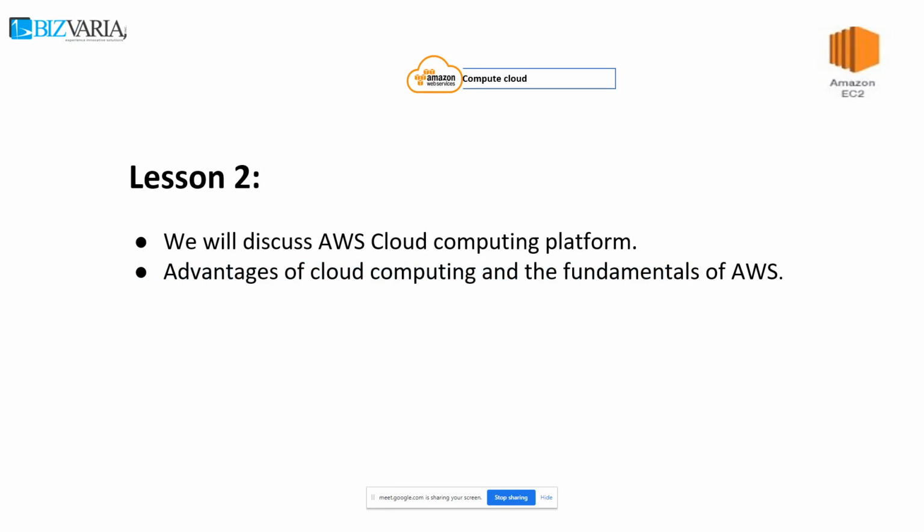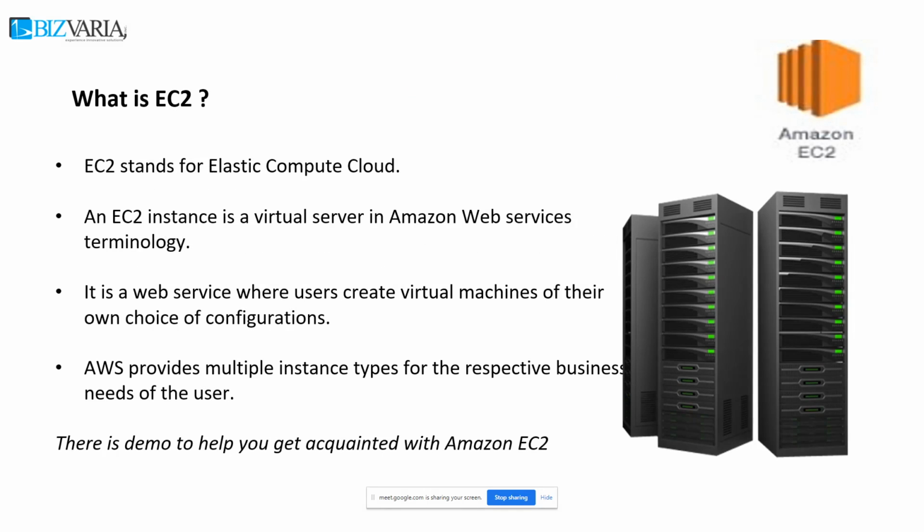So we will understand what exactly cloud computing is and why we call this a virtual server. That's the key thing. All these servers we are going to use in the cloud are called virtual servers. EC2 stands for Elastic Compute Cloud.